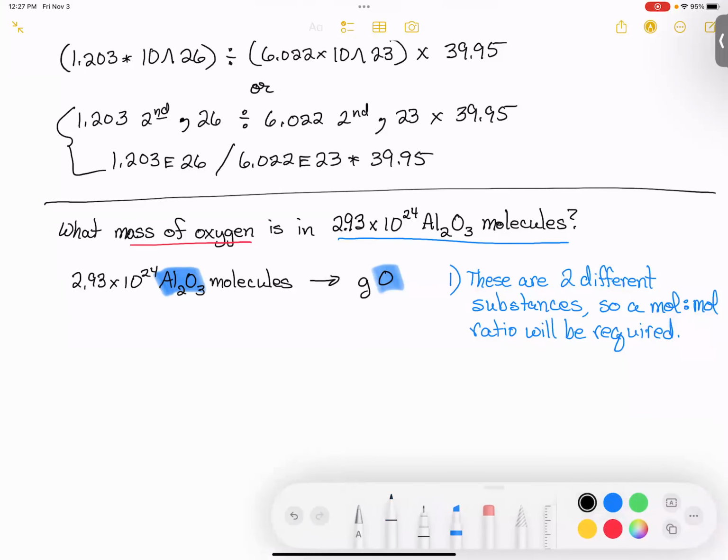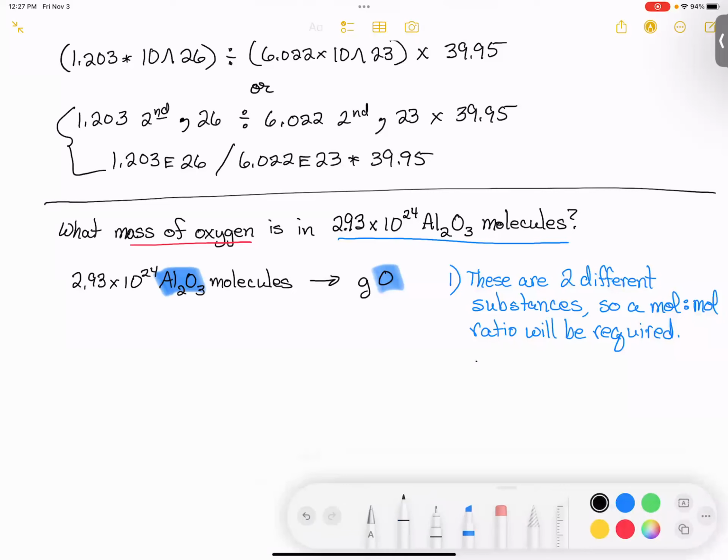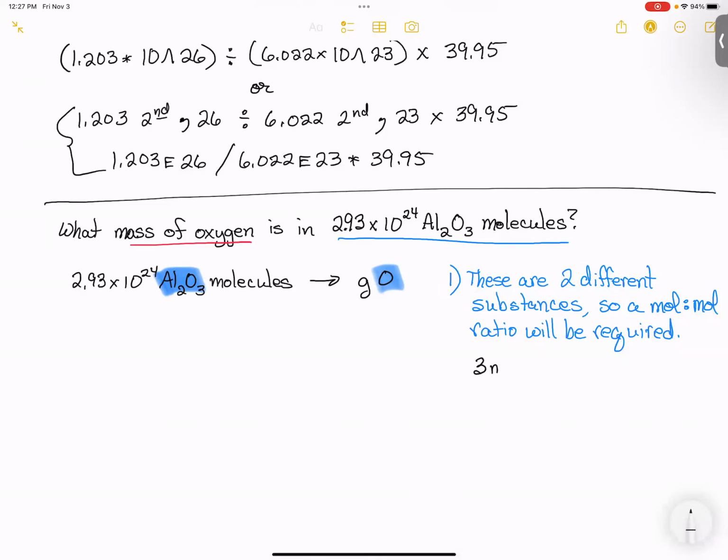In this case, the mole to mole ratio is that there are 3 moles of oxygen in every 1 mole of aluminum oxide. The 3 coming from the subscript.